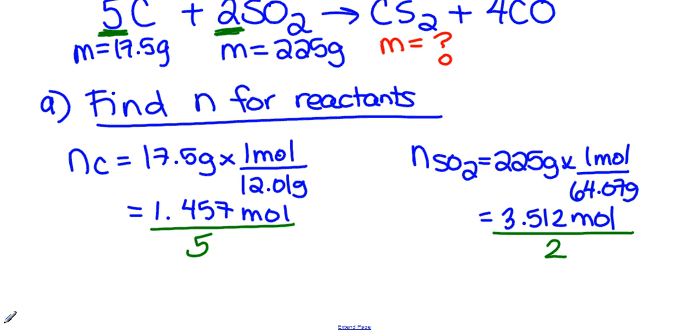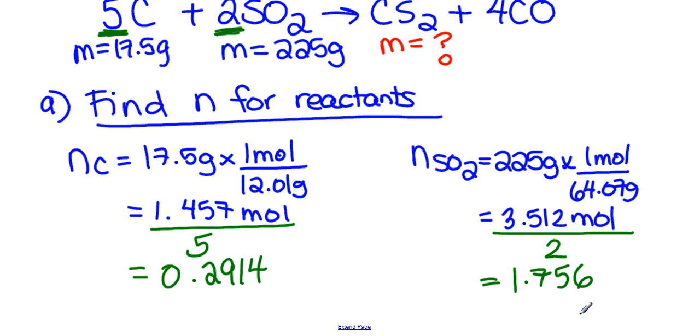When you check, what we're looking for is the smaller amount. Remember, with the car parts, we looked for the fewest number of cars after we divided. The fewest number of cars was 30. Here we're looking for the smallest amount of moles. So when we do this for carbon, we get about 2.914. And here we get about 1.756.